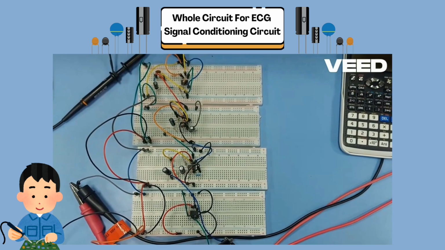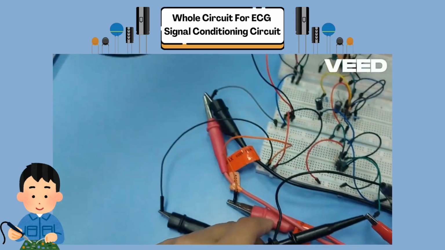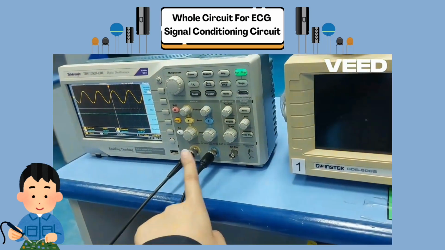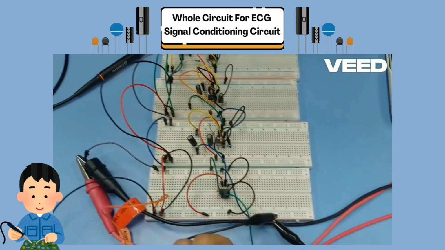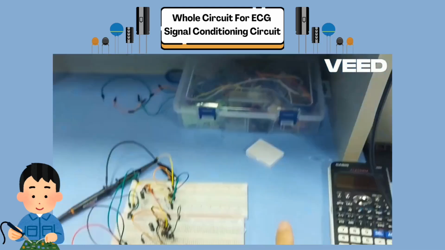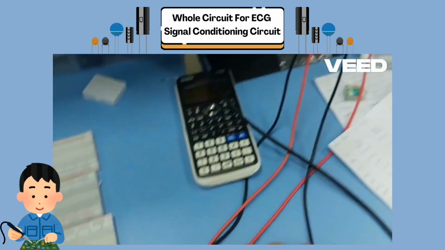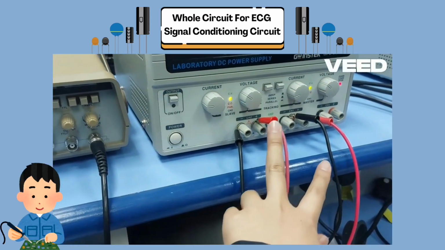This is the final circuit for our mini project. First, pin 3 of the AD620 amplifier, which is the input, is connected to channel 1 of the oscilloscope, which displays the input, and connected to the function generator. Then the ground of the breadboard is connected to the ground of the power supply by combining the positive and negative.